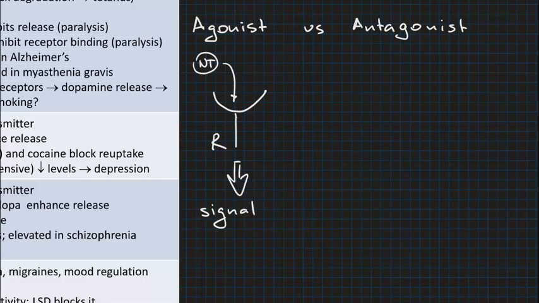Well, if you start employing an agonist, and call it AG, it will also bind to the receptor and will also produce the signal.